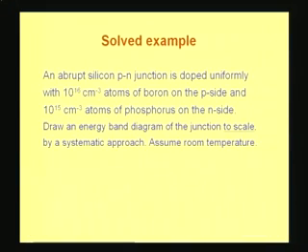An abrupt silicon PN junction is doped uniformly with 10 power 16 per centimeter cube atoms of boron on the p side and 10 power 15 per centimeter cube atoms of phosphorus on the n side. Draw an energy band diagram of the junction to scale by a systematic approach. Assume room temperature. Note that the phrase to scale has been underlined, so various parameters should be drawn to scale to get a correct picture. Now let us proceed.